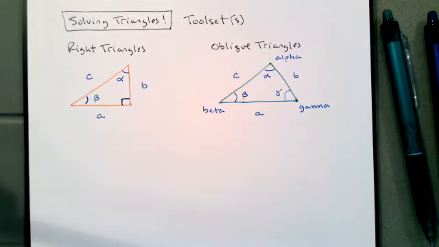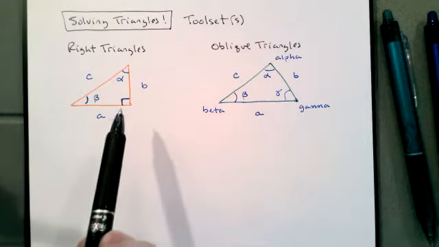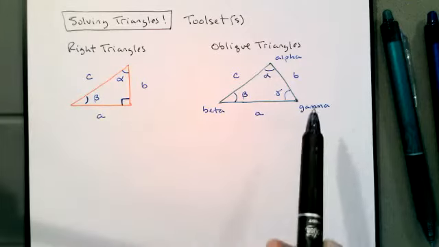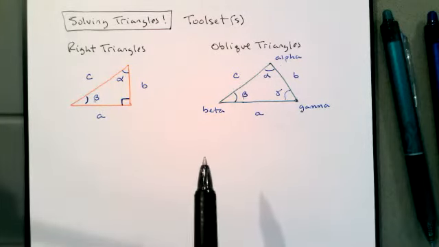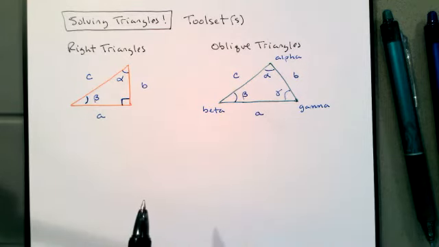Do we have a right angle in our triangle or do we not? We have a completely different tool set for solving right triangles, a much more simplified tool set, than we do for solving oblique triangles. Oblique just means there's not a right angle. Alpha, beta, and gamma are not right angles.